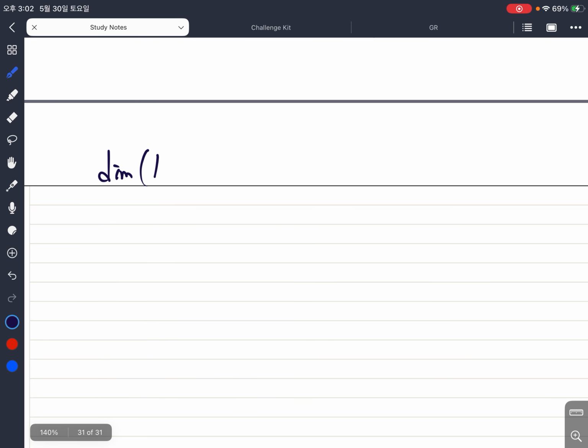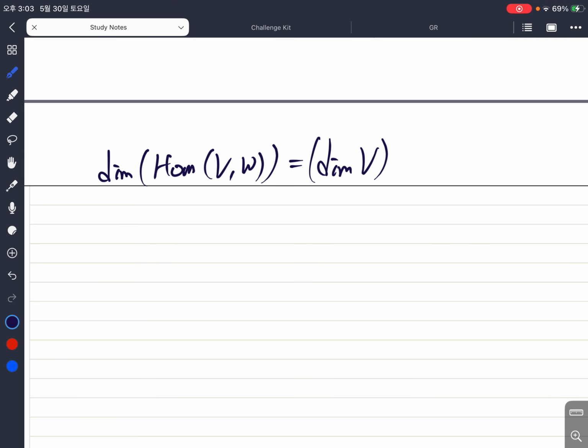the dimension of Hom(V,W) is the multiplication of them.